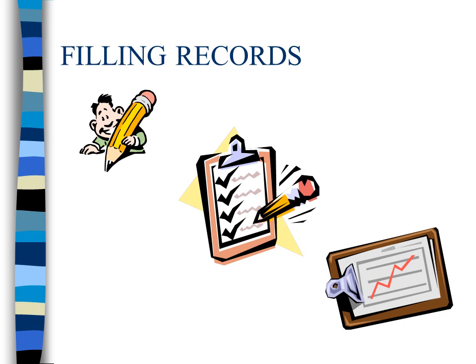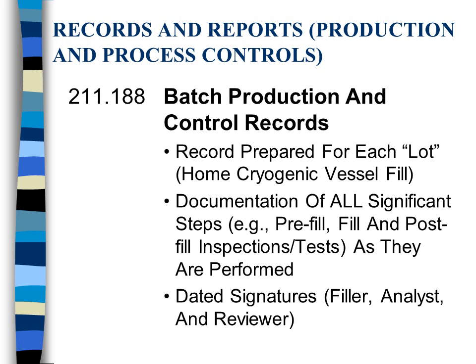Filling records. Our filling records for drivers are our delivery tickets. They're batch production and control records. It's a record prepared for each lot, like a home cryogenic vessel fill, for example, or a dewar fill.